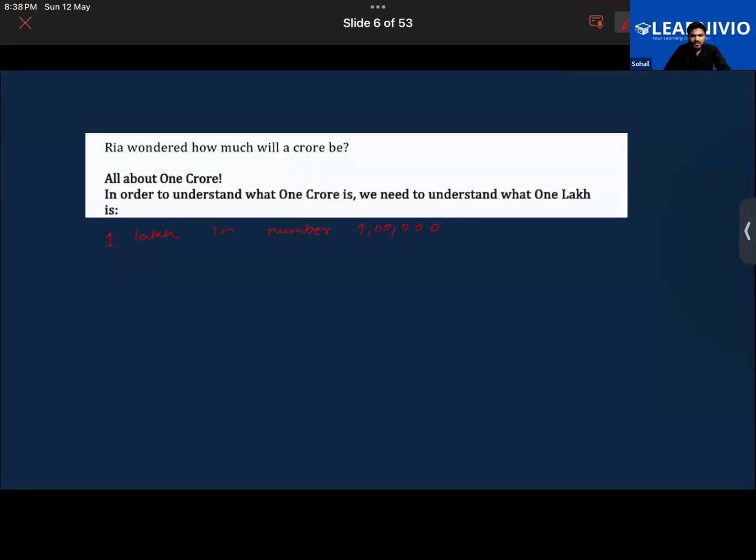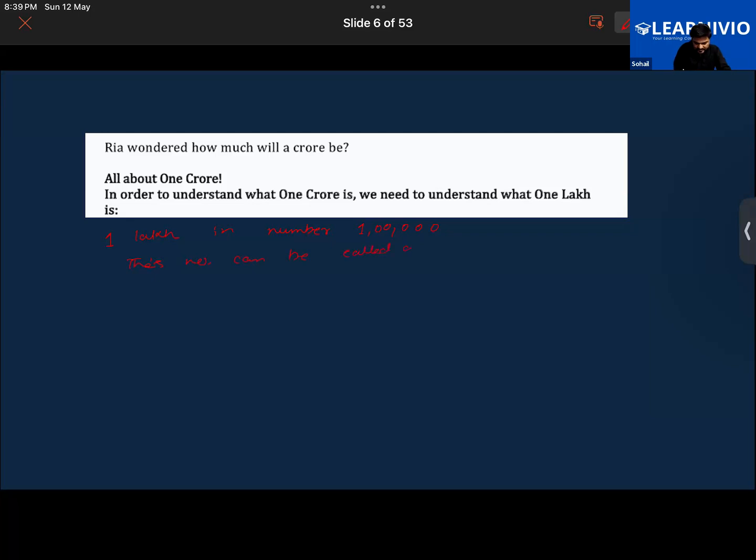We can also call it 100,000 in the international system, or we call it 1 lakh. In the Indian numeral system, we call it 1 lakh, while in the international system, we call it 100,000.